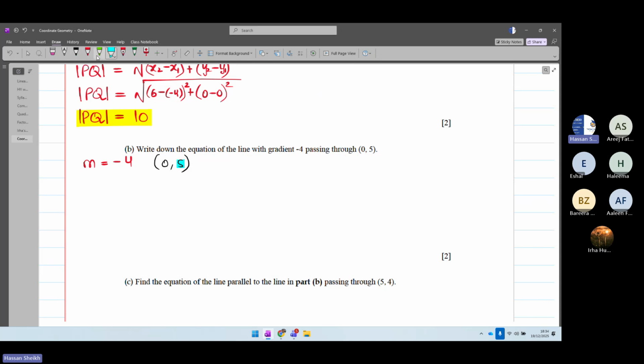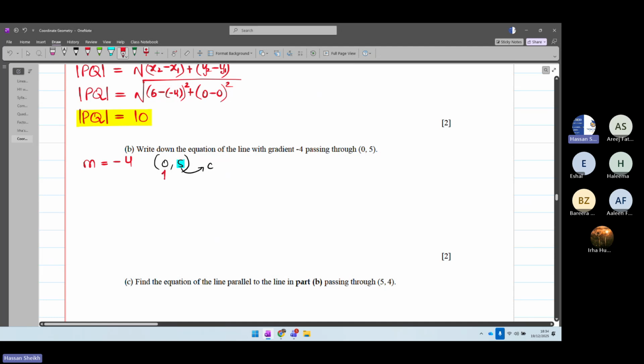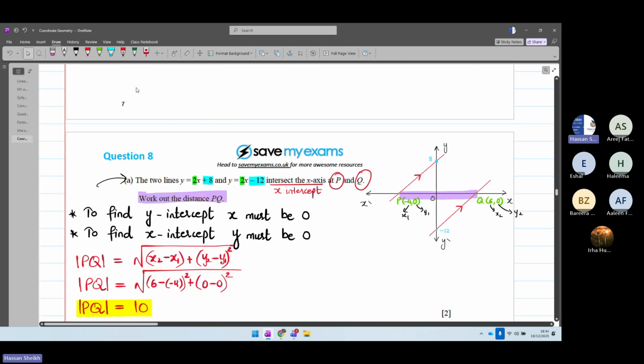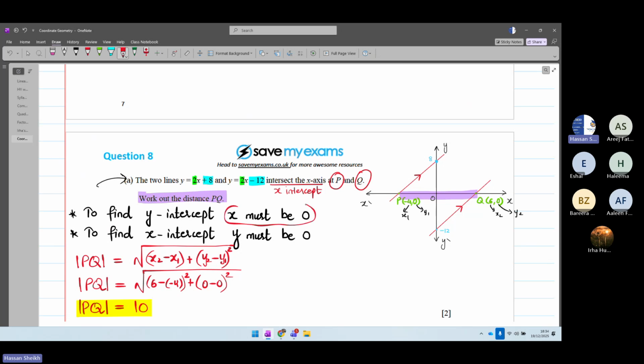But how do we get to know that this is c? Because it is passing through the y-axis, and x is 0 on the y-axis. When x is 0, it must be the y-intercept.